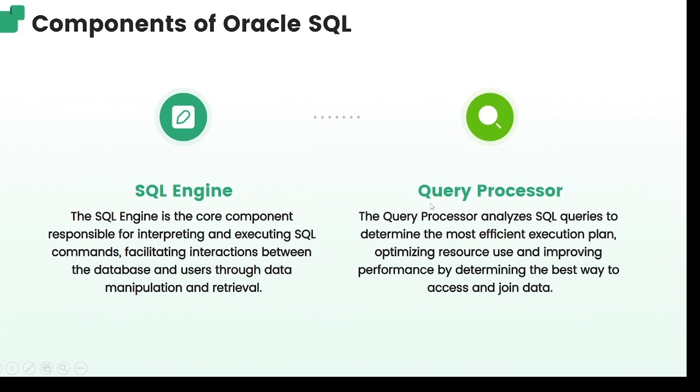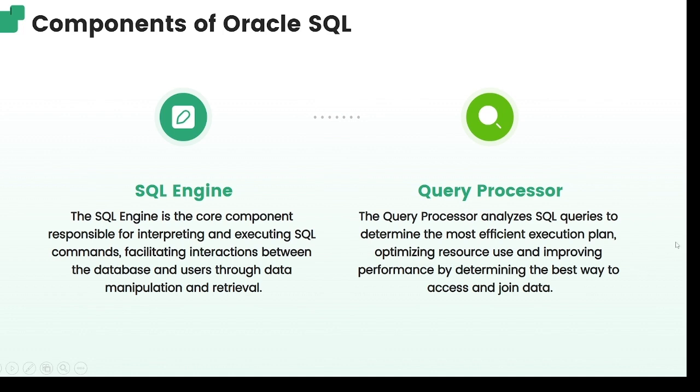Next, we have the query processor, and this is where things get really intelligent. The query processor works like a smart strategist. Its job is to analyze the query and figure out the most efficient way to execute it.